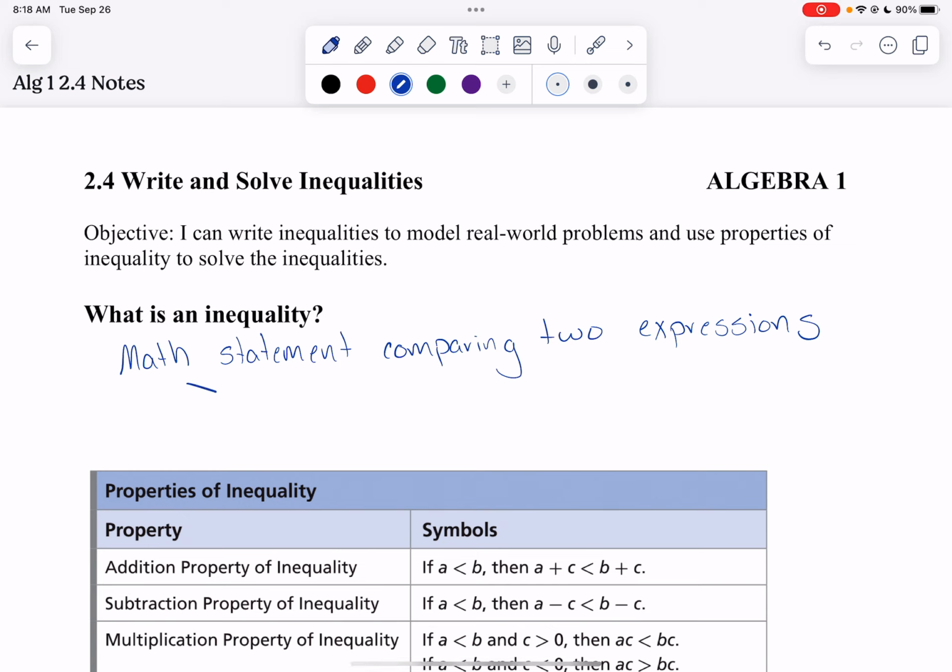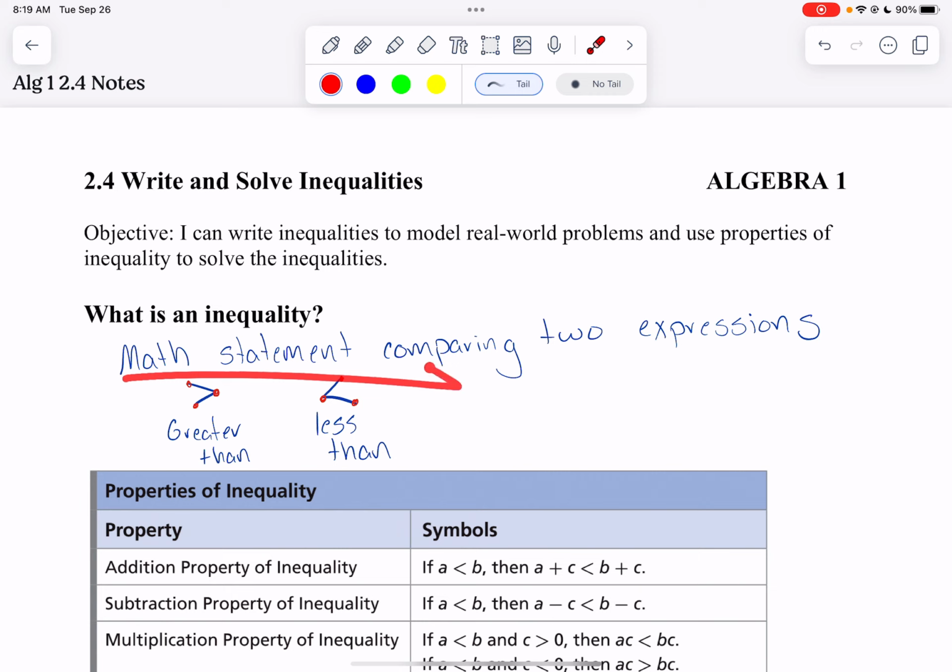The first one is the greater than symbol. Or then we have the less than symbol. How I keep them straight is I put dots on the ends and the point. English-speaking people read from left to right.